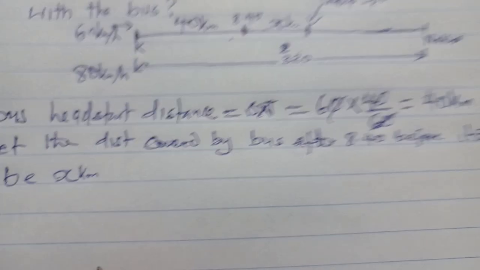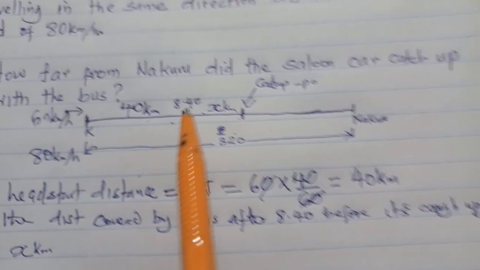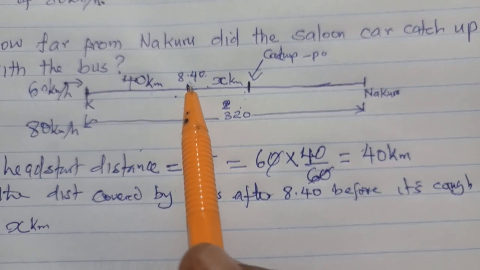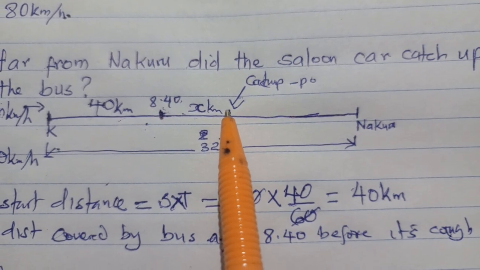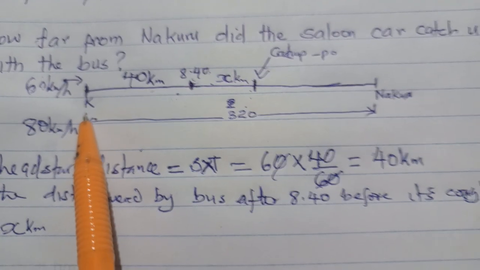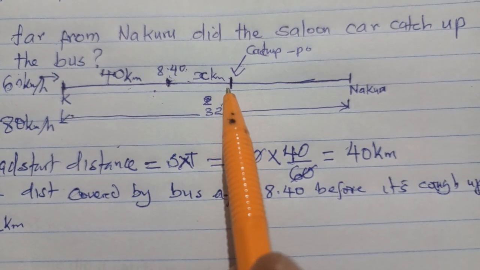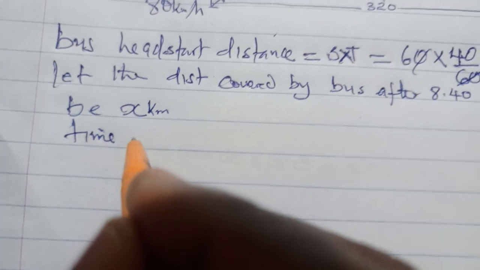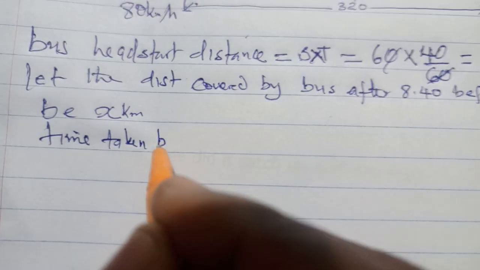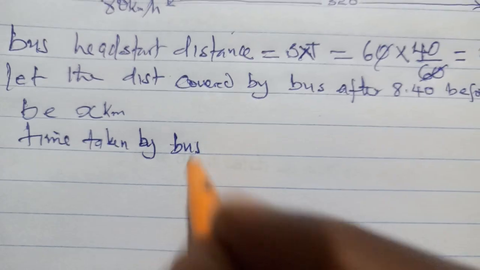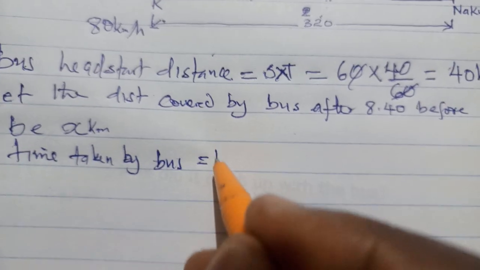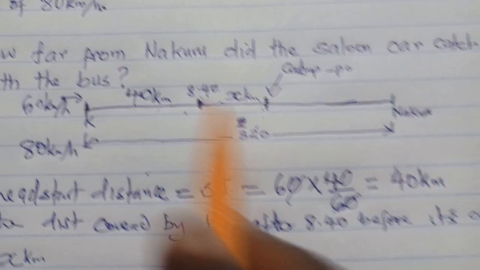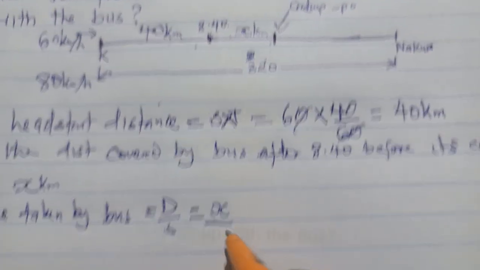Now what we want to do is get the time that the bus will move before it is caught up with, and also the time that the car will move for it to catch up with the bus. So the time taken by the bus will be distance over speed, and the distance to be covered is x over the speed of the bus, which is 60.